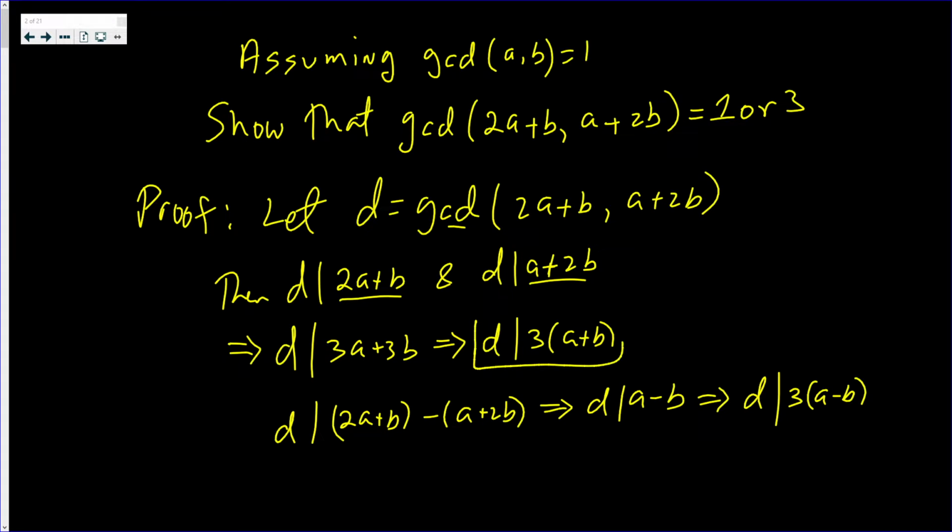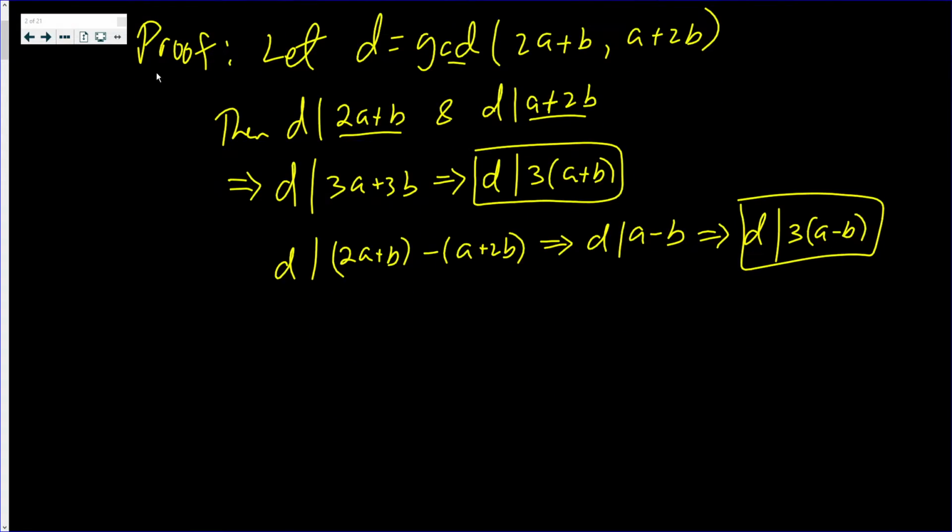So we have D divides this and D divides that. So D divides 3a plus 3b and D divides 3a minus 3b.